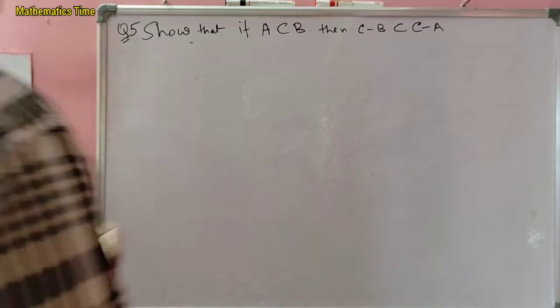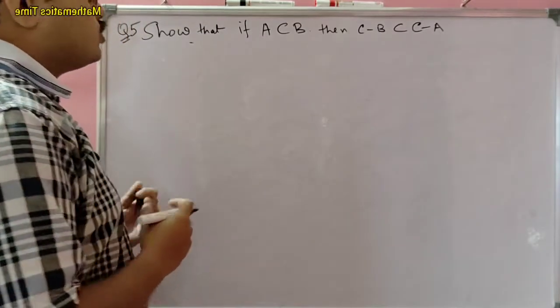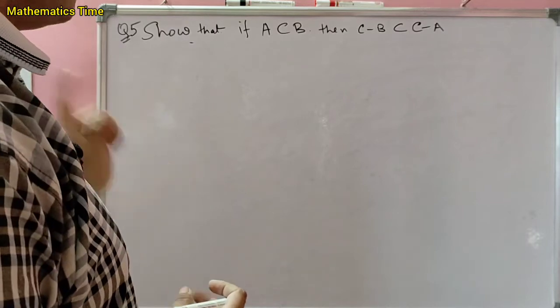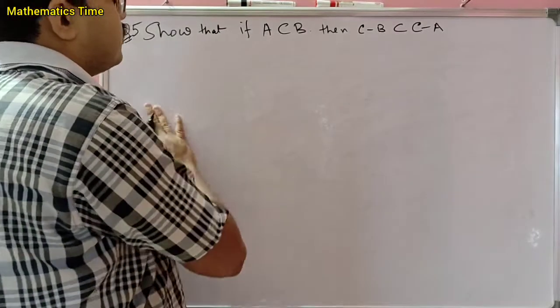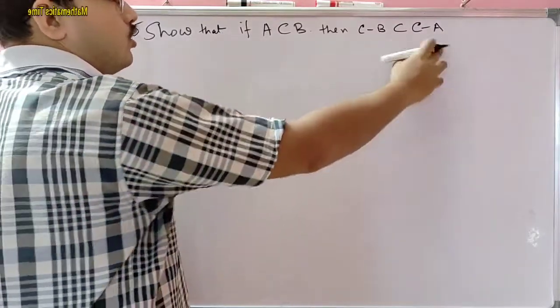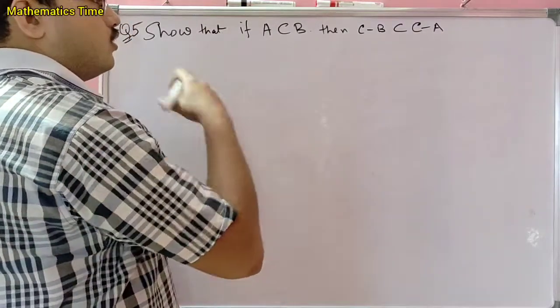So our next problem is question number 5. Show that if A is a subset of B, then C minus B is a subset of C minus A. From the previous problem, we know the definition of subset. So what do we have to show to prove this? What is the plan?